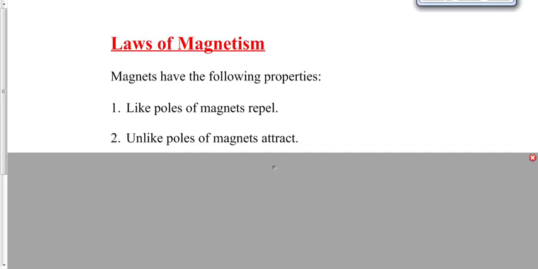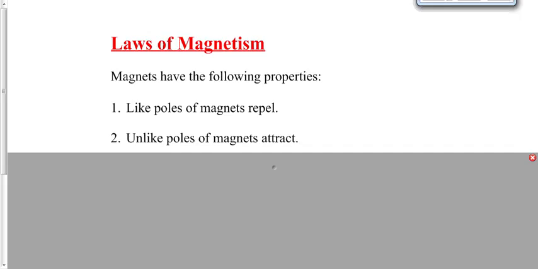And finally, the third one, you guys remember way back now, charged objects attract neutral objects. We can't talk about charges here. We're talking about poles. So north poles and south poles will attract, and we can't talk about neutral objects now either. Well, poles will attract, what's the equivalent of a neutral object?